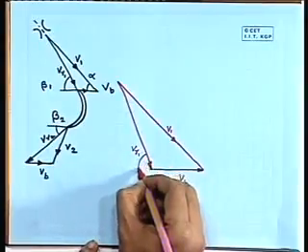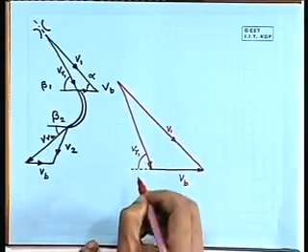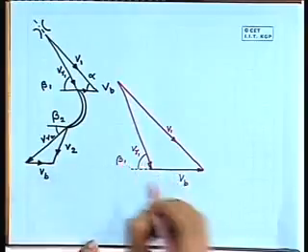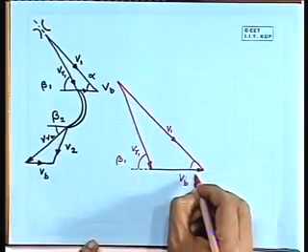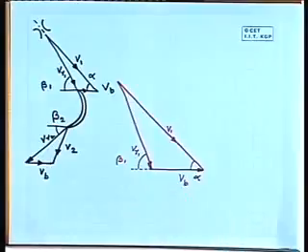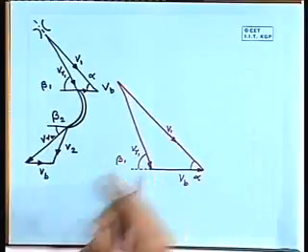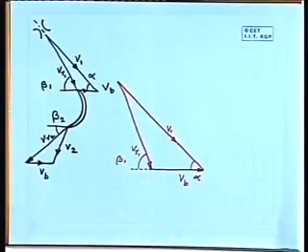We will have beta 1 and this is alpha. Again, let me repeat, beta 1 is the inlet velocity angle and alpha is known as the nozzle angle. And we can see from the geometry that alpha is smaller compared to beta 1.